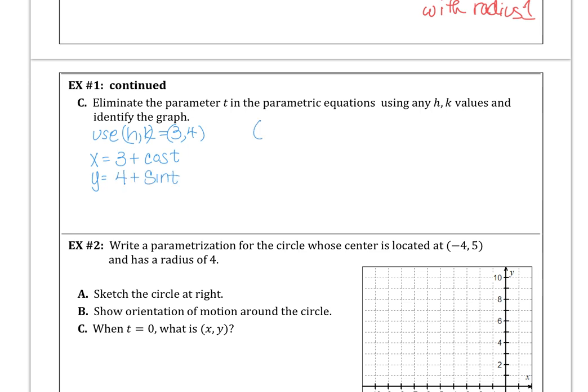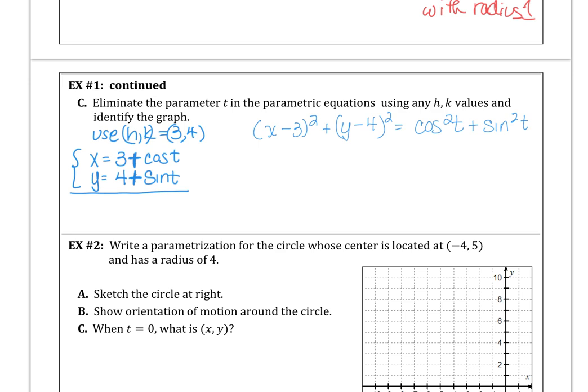Using our equation, x minus 3 squared plus y minus 4 squared is going to give us cosine squared plus sine squared. And we saw that several lessons ago when we took that system of equations. But here in this case, we're going to subtract 3 and subtract 4 and then square both sides.